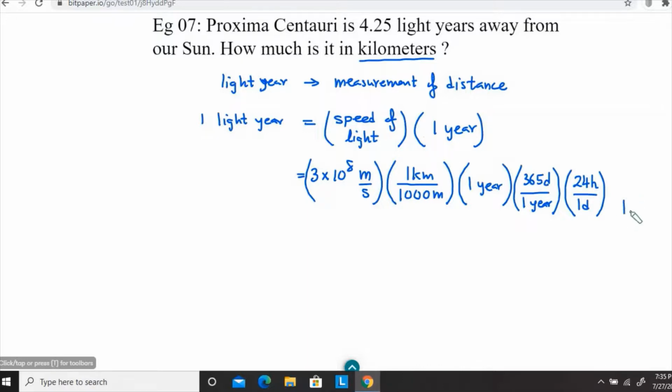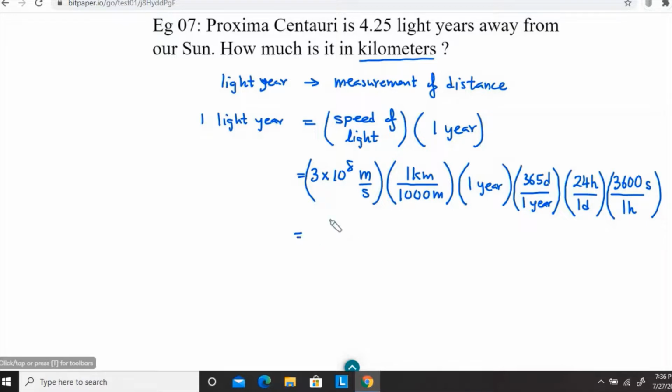I know that 1 hour is equal to 3600 seconds. You can do it like this, or if you like, you can go from hours to minutes and then from minutes to seconds. But I thought that this is much easier.